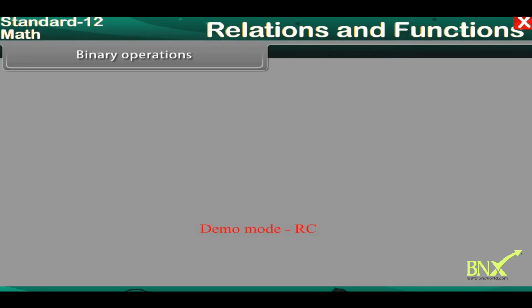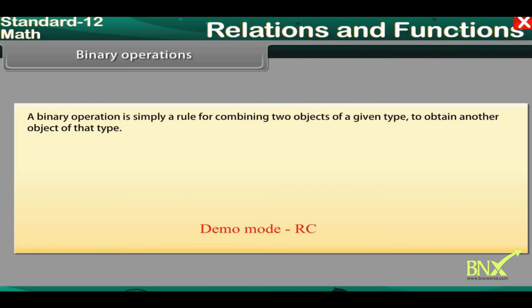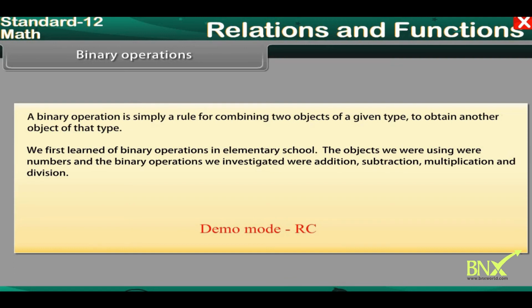Binary operations. A binary operation is simply a rule for combining two objects of a given type to obtain another object of that type. We first learned of binary operations in elementary school. The objects we were using were numbers, and the binary operations we investigated were addition, subtraction, multiplication, and division.